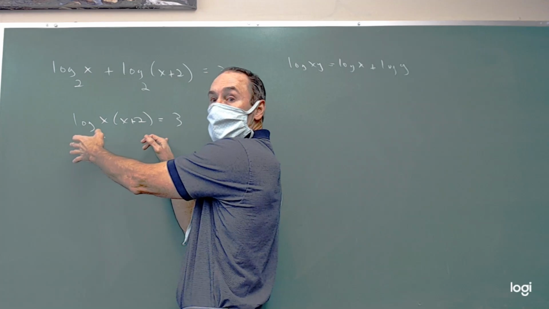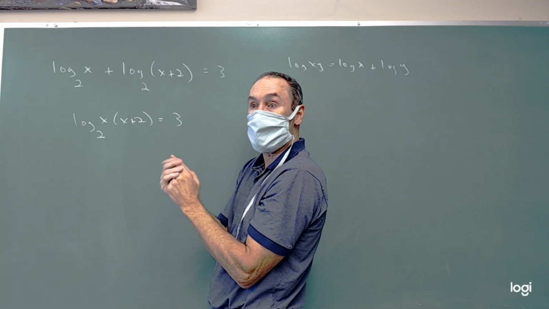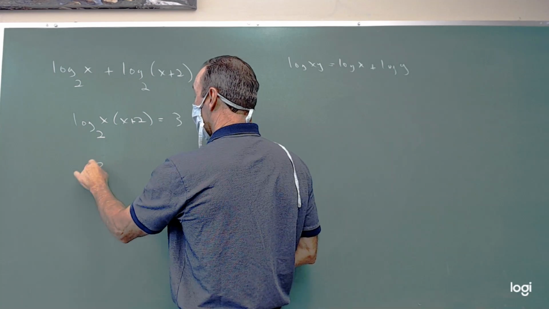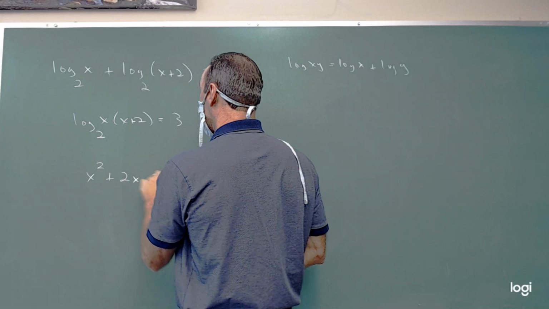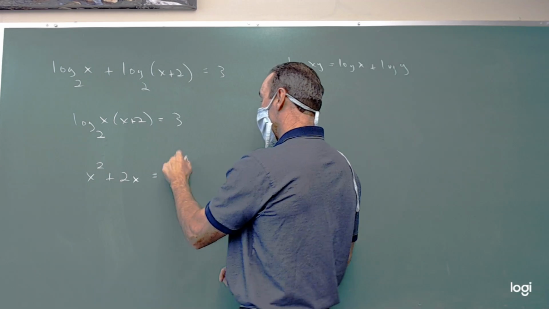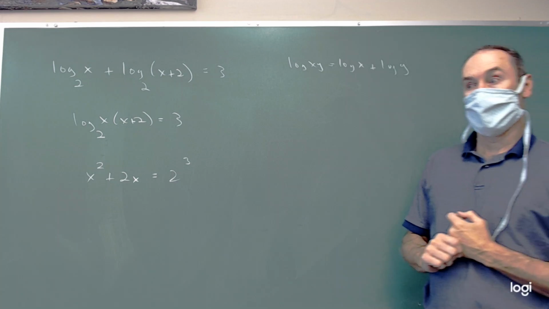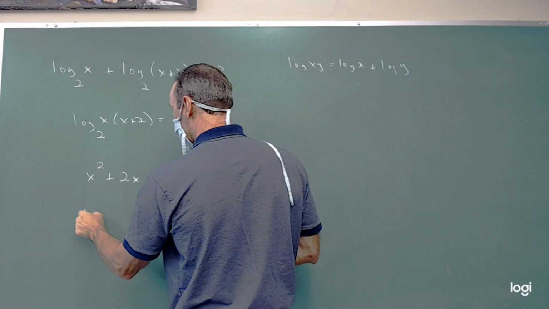Those are both good ways of conceptualizing it. If I multiply that out, that's x squared plus 2x is equal to 2 to the third.